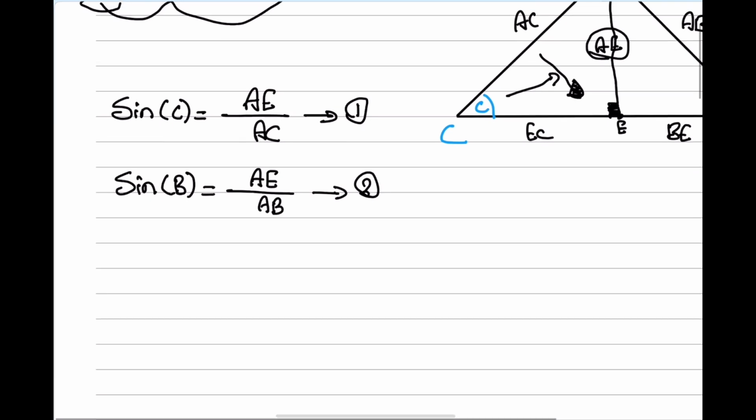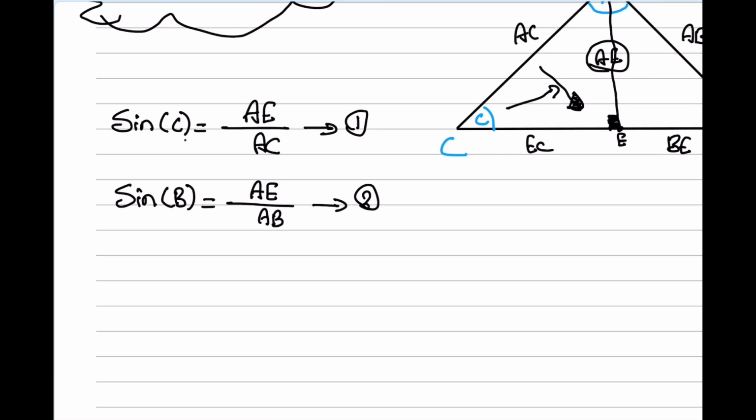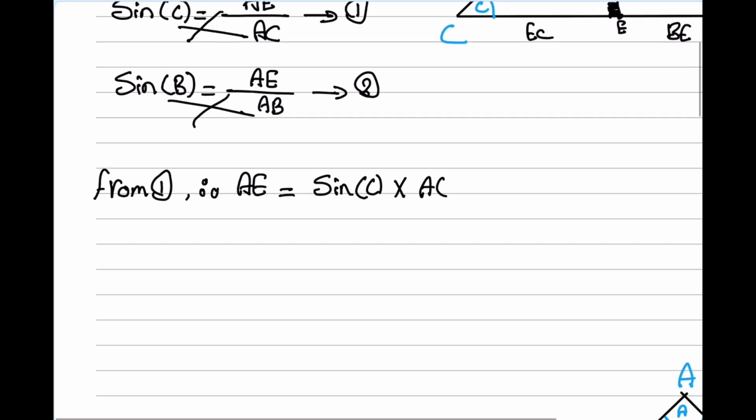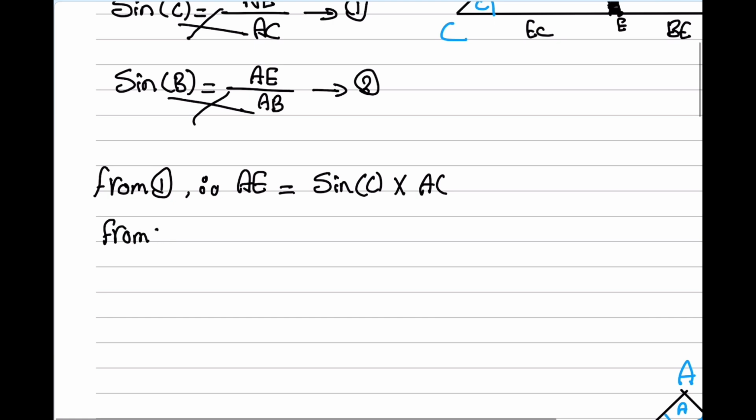If you look at these both equations and make cross multiplication in both of them, from 1 we get that AE is equal to sine of angle C multiplied by AC, and from 2 we get that AE is equal to sine of angle B multiplied by AB.